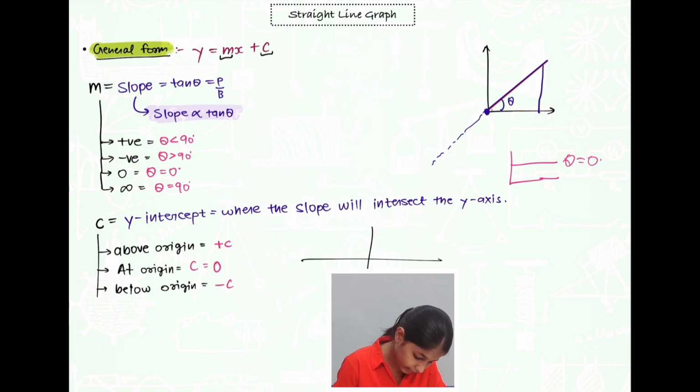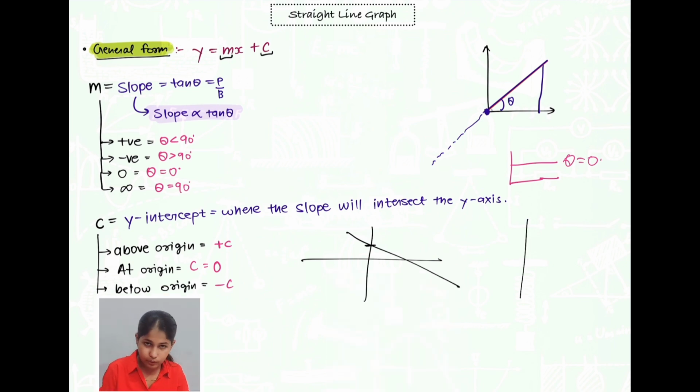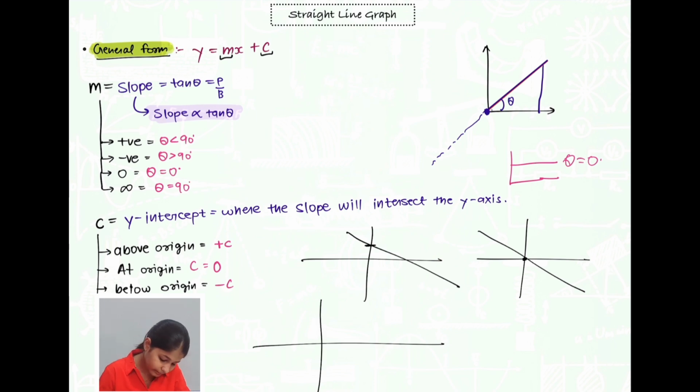This is our first case. Here you can see it is intersecting above origin. Then it is intersecting here at origin. Last but not the least, in the last figure you can see that this is intersecting below the origin, so it is minus C.